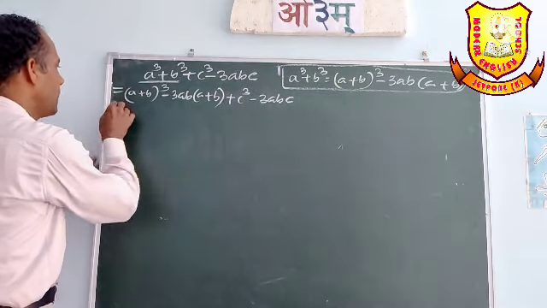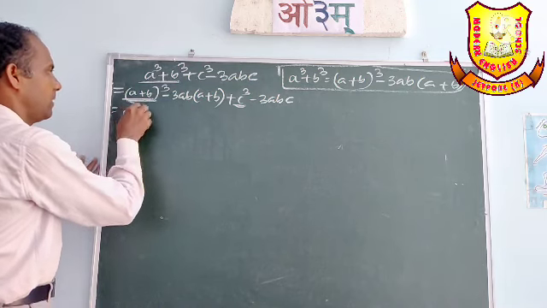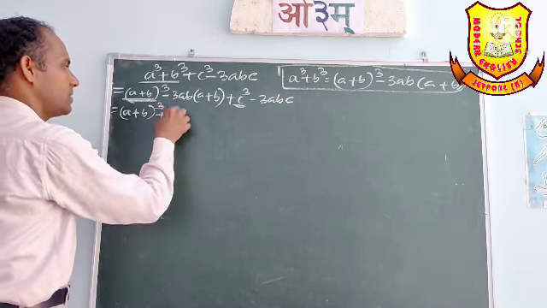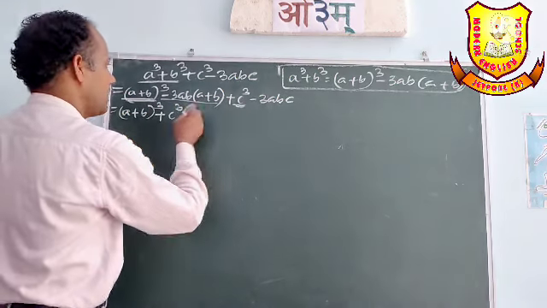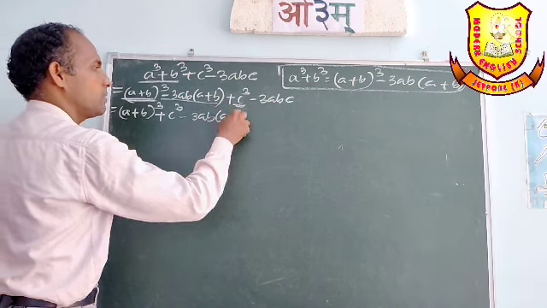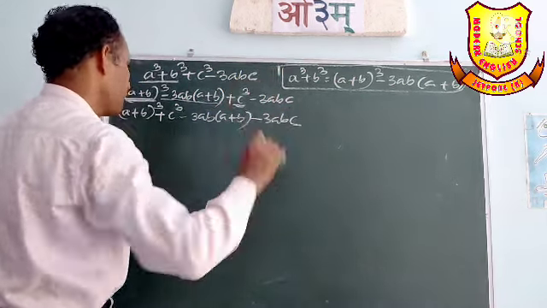Now here this (a plus b) whole cubed and c cubed, write near (a plus b) whole cubed plus c cubed, and this one later minus 3ab whole into (a plus b), and this one minus 3abc.